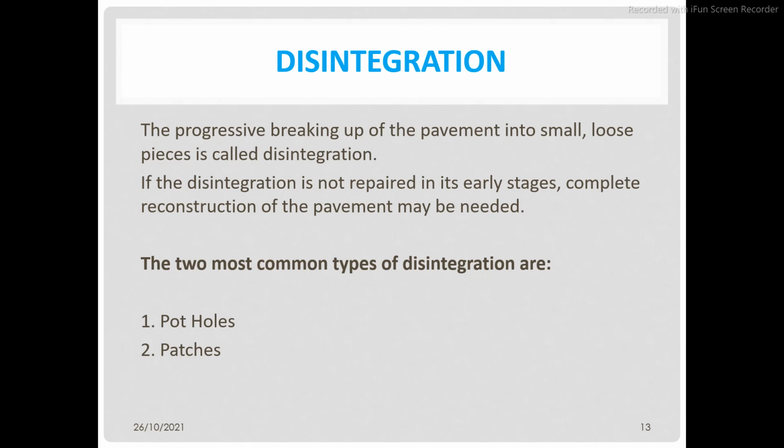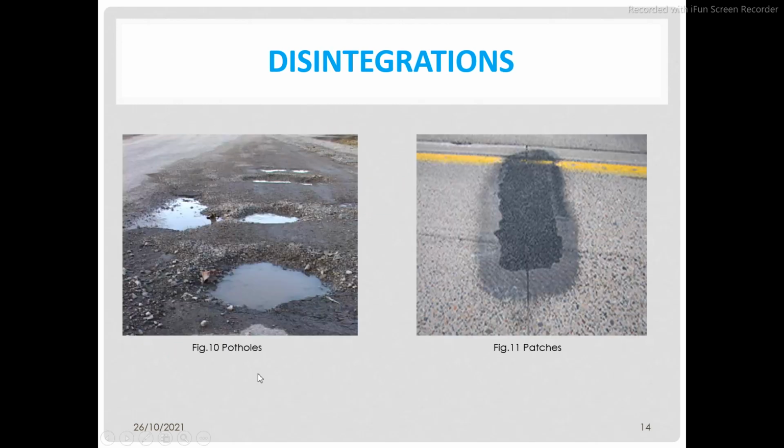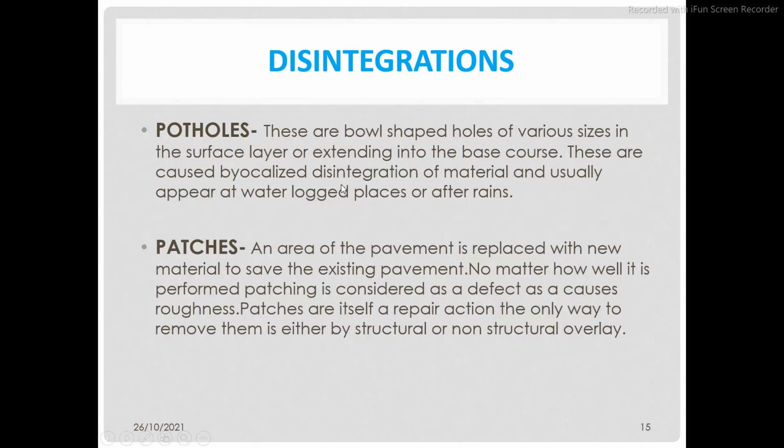The two common types of disintegration are potholes and patches. Here you can see the potholes, and these are the patches which are being done on the roads. Now we are going to talk about each one by one.